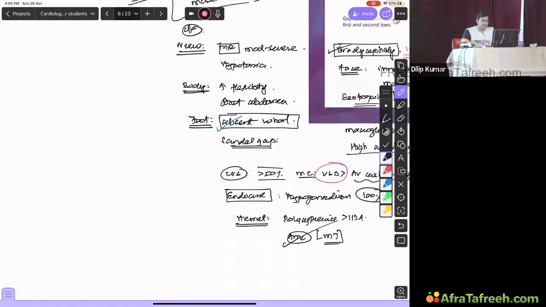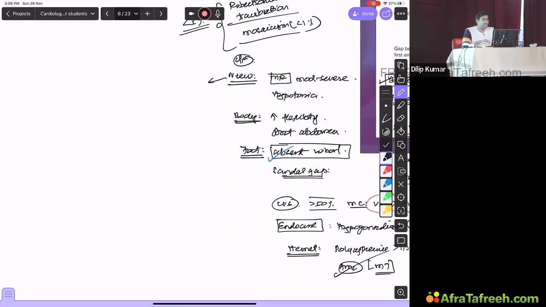And one more important thing, I didn't say this: Down syndrome patients are very much prone to early dementia, as early as 40 years. And that's because of Alzheimer's disease, the basic pathophysiology is what? Amyloid precursor protein that is giving rise to A beta amyloid. This is the basic pathophysiology for the development of Alzheimer's disease.